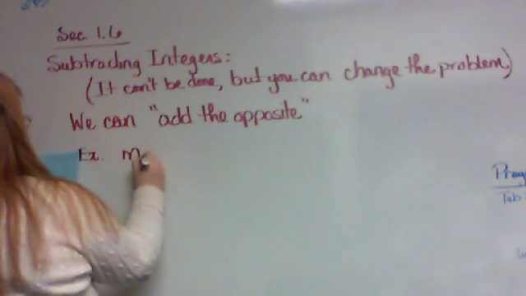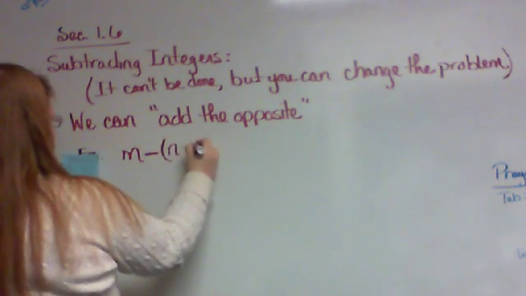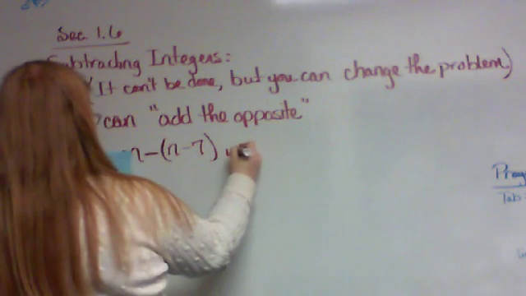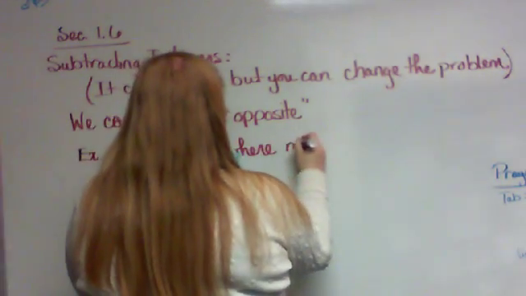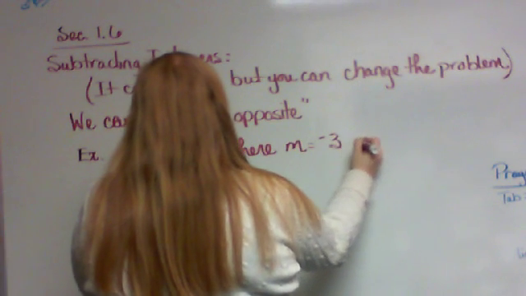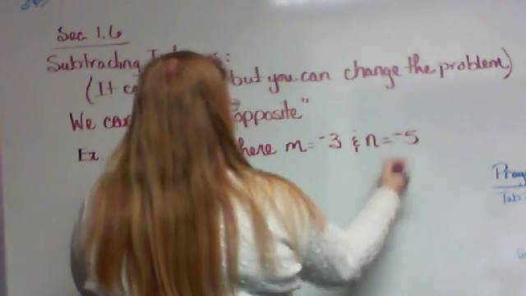It says m minus parentheses n minus 7, where m equals -3 and n equals -5.